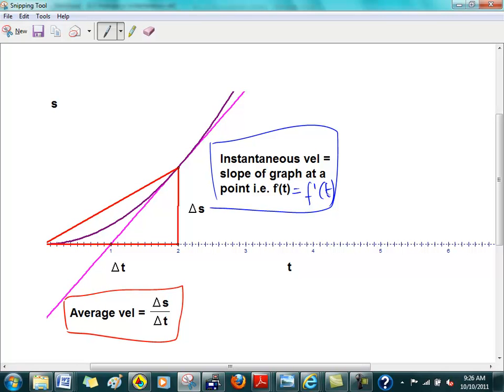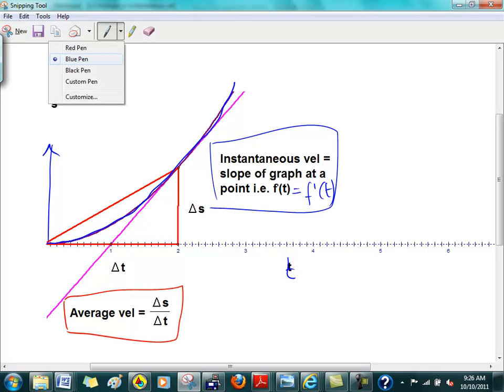So the graph that we are looking at is this one here. That's your distance function. So your distance is on the y-axis. Time is on the x-axis. Need I explain the average velocity equation to you?